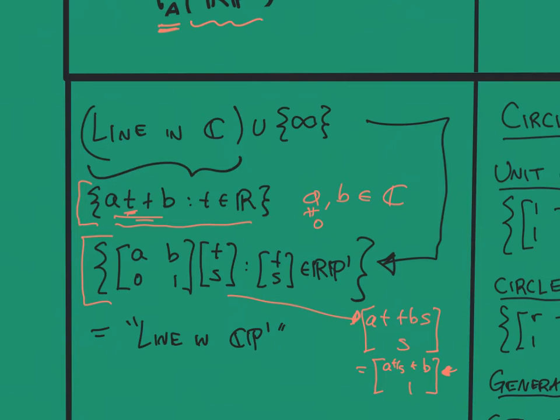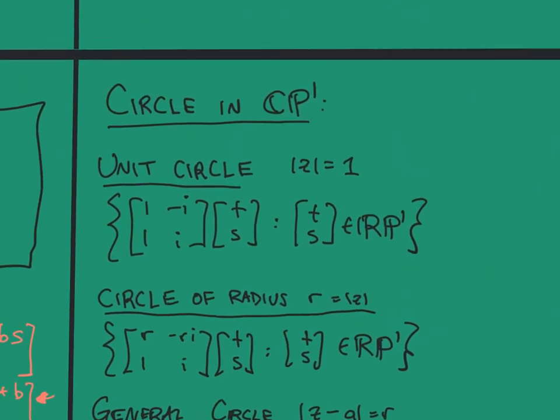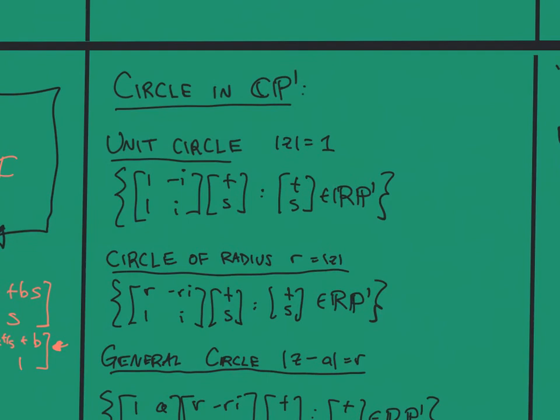Now let's show that every circle in the plane can be written as a line in CP1. So we do this in steps. This is basically based off using the inverse Cayley transform.